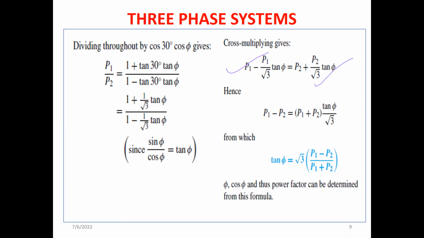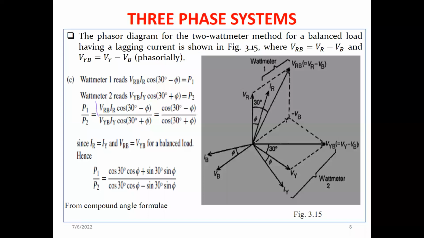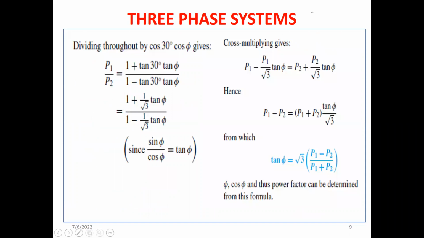So P1 minus P1 over root 3 tan phi is the same as P2 plus P2 over root 3 tan phi. That is how you cross multiply. Here we had P1 over P2, so when you cross multiply, you multiply P2 with the numerator and P1 with the denominator.